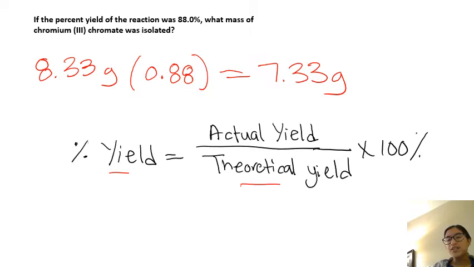So they're asking us for the actual yield. So essentially you just kind of rearrange this. You're multiplying the theoretical yield times the percent yield and also divided by 100. That will give you your actual yield, but I just kind of did a bit of a shortcut there. But in the end, this is your final answer. 7.33 grams are actually produced.